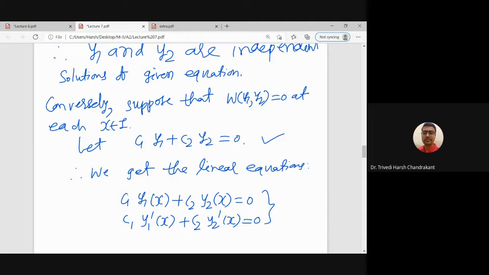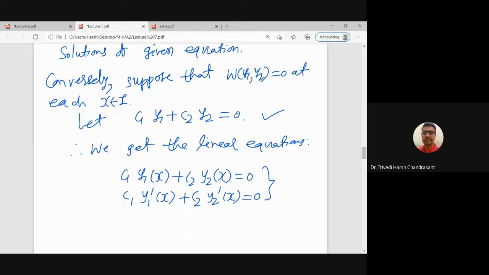And now once again we want to check whether this system of linear equations has a non-trivial solution. Non-trivial means C1 and C2 are not both zero. So that is possible because of this condition. So what does this condition mean? This condition means the Wronskian is 0 at every point. So let us call this equation B.